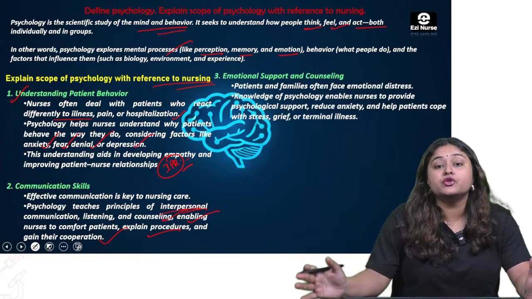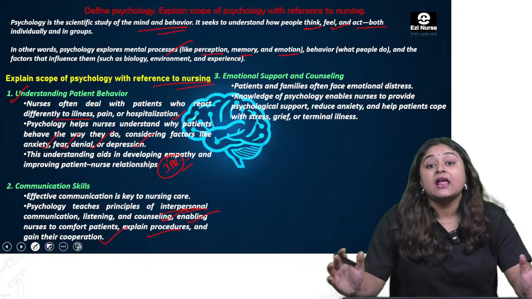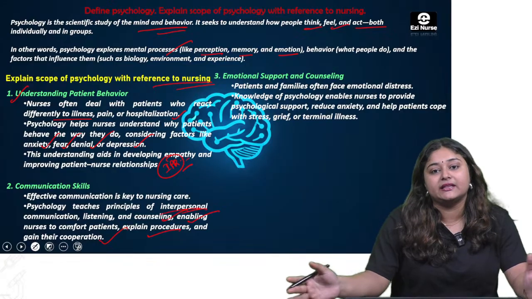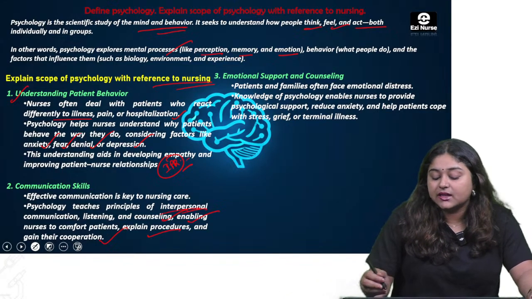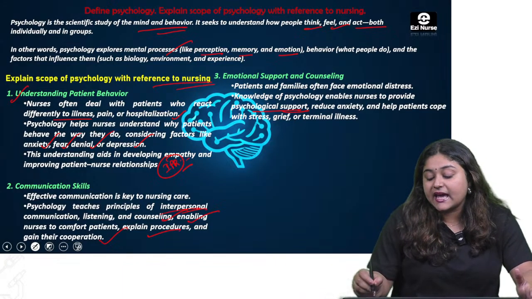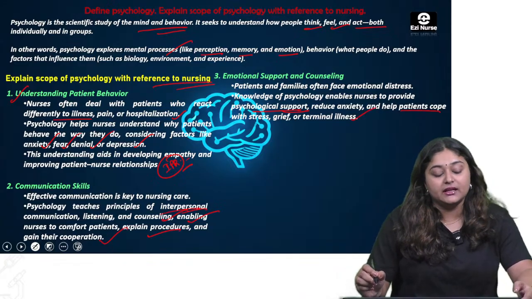Now come to emotional support and counseling. Patients and families often need counseling as well as emotional support from healthcare workers, and knowledge of psychology enables nurses to provide psychological support, reduce their anxiety and help patients cope with stress, grief, and terminal illness.